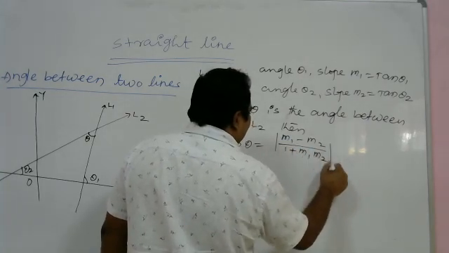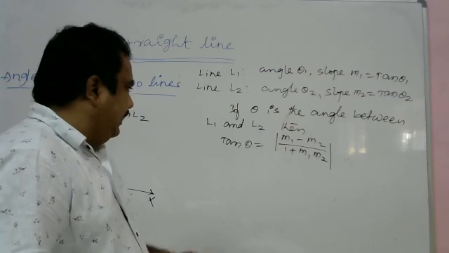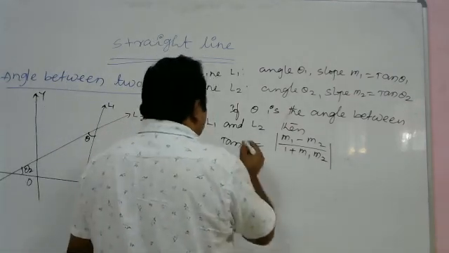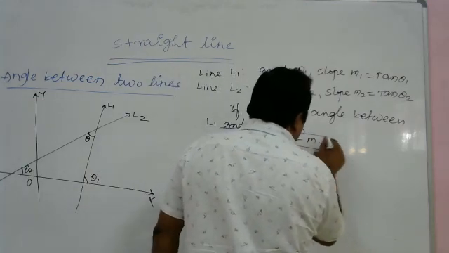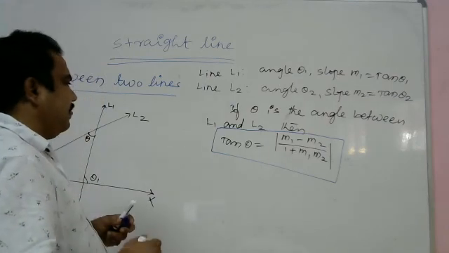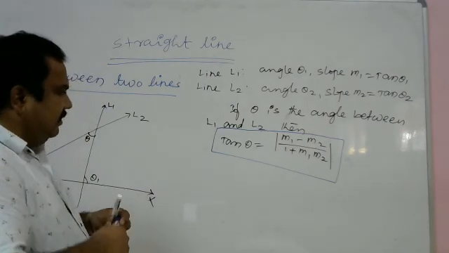So this is the formula. If theta is the angle between L1 and L2, then tan theta will be modulus of (m1 minus m2) by (1 plus m1 m2).